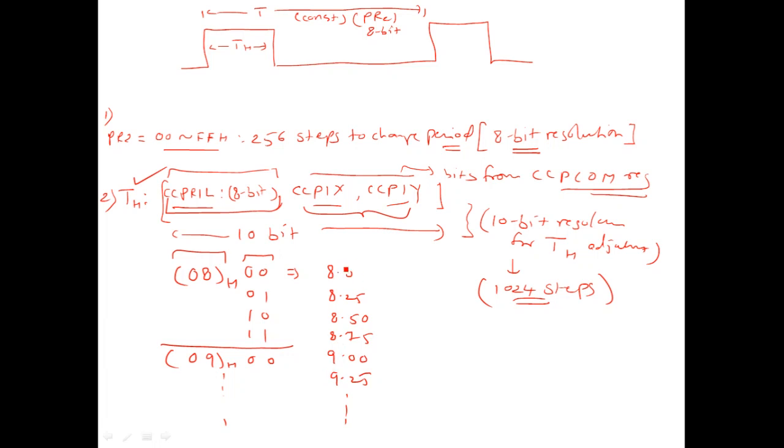So you can effectively add the fractional part for the adjustment of TH, rather than changing TH directly from 8 to 9, 9 to 10. There are 4 sub-steps possible.